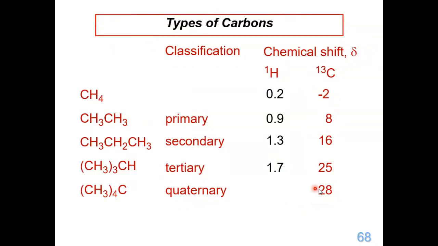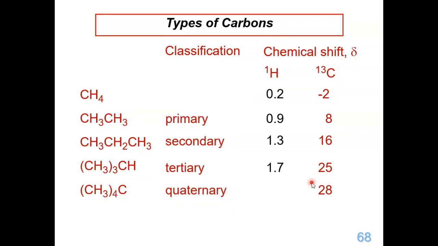If a carbon is connected to 4 carbons, it has the highest chemical shift value. Same argument, because after all, carbon is slightly more electronegative than hydrogen. So each attachment of a hydrogen atom to the carbon increases the electron density on the carbon a little bit. That's why methane, with 4 hydrogens attached, has the highest electron density and lowest chemical shift value.